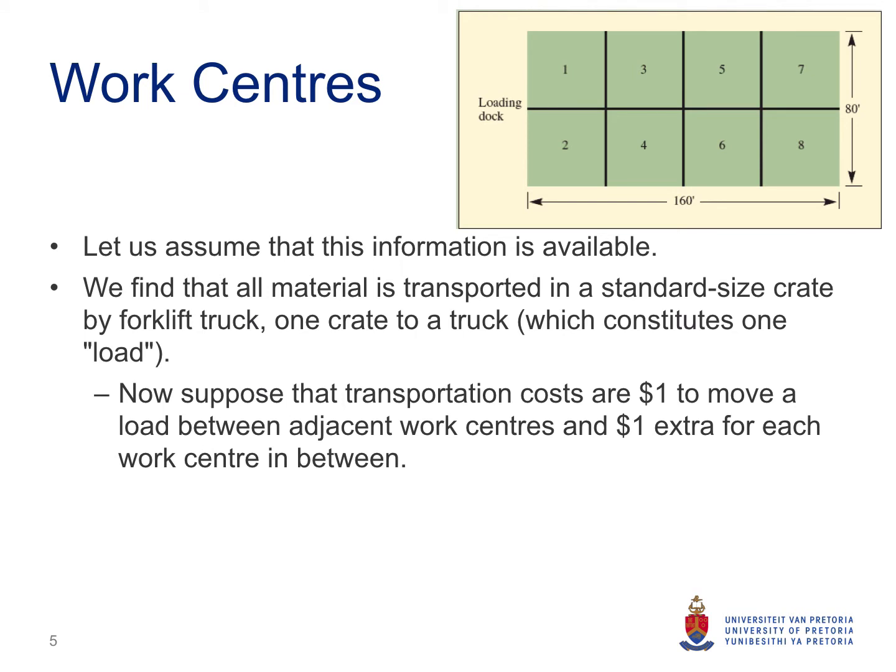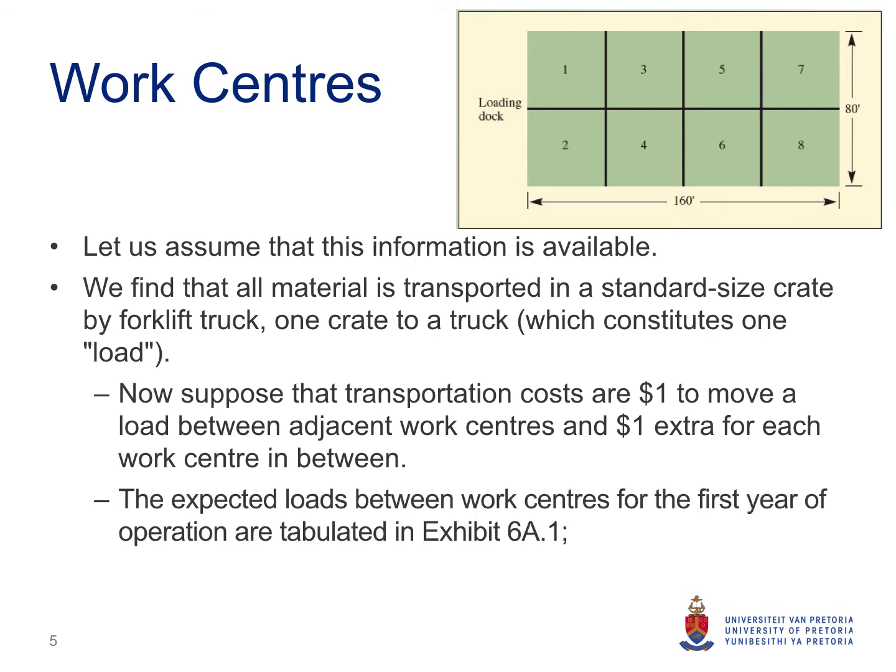It costs $1 per trip between adjacent work centers and $1 extra for any additional work centers negotiated. The expected loads between work centers for the first year of operation are tabulated in Exhibit 6A1. Available plant space is depicted in Exhibit 6A2.